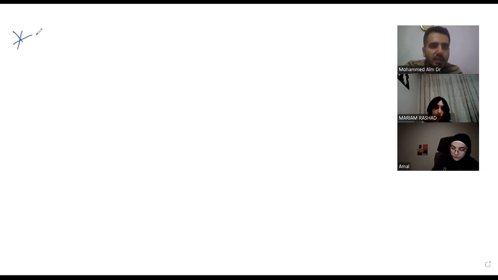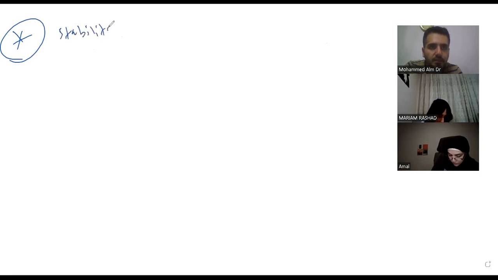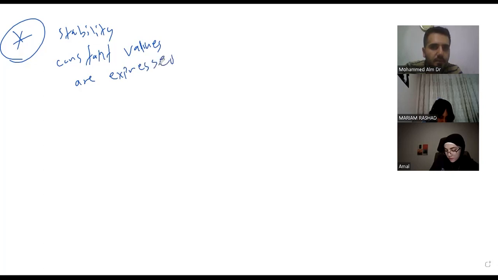The first note: stability constant values are expressed on a log 10 scale.